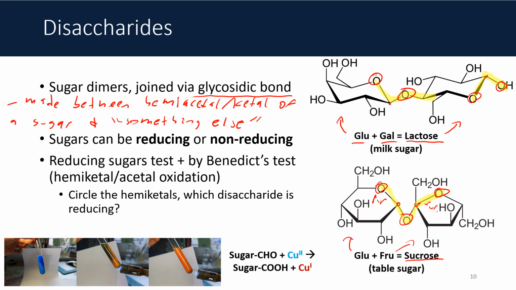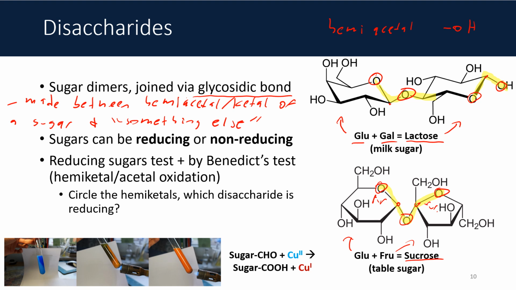That's because in the case of lactose, we formed our glycosidic bonds between the hemiacetal of glucose and a hydroxyl in galactose, which means that the hemiacetal of lactose is free and we can stick another group onto there, such as another sugar or another lactose unit.